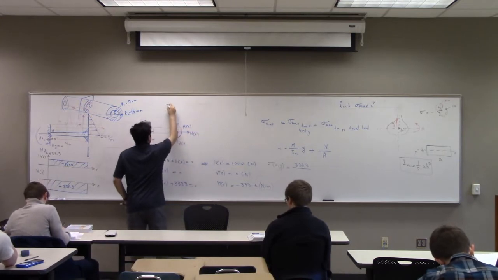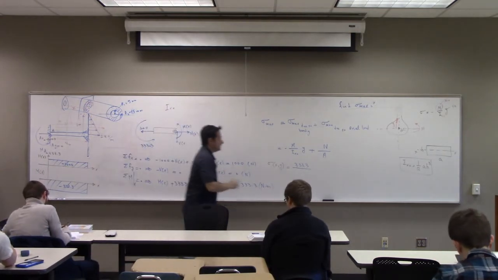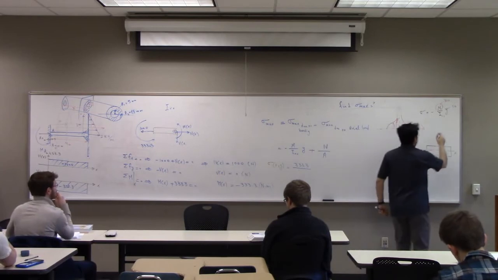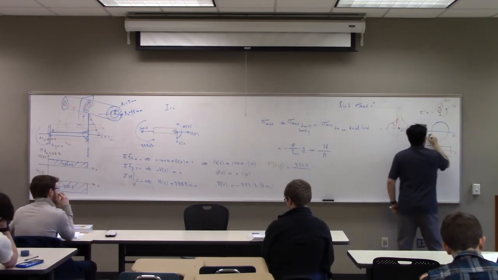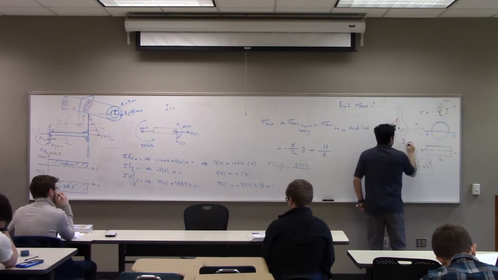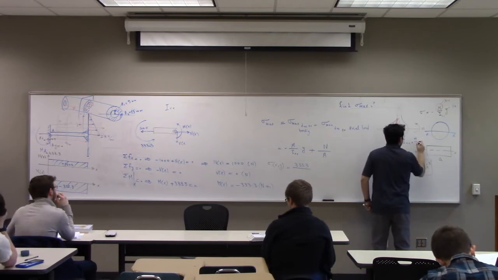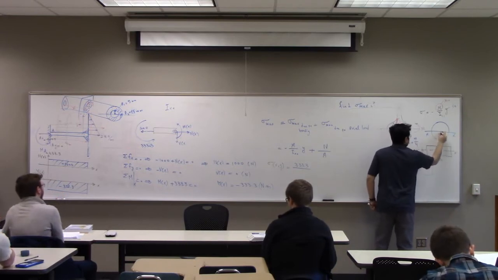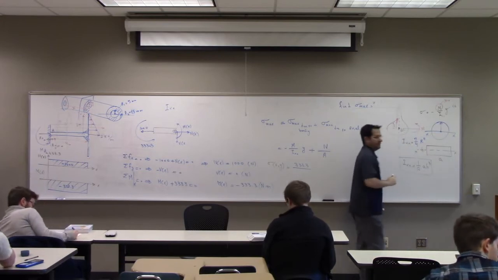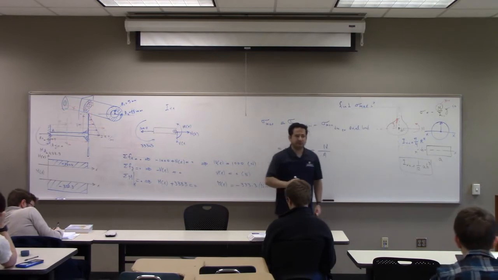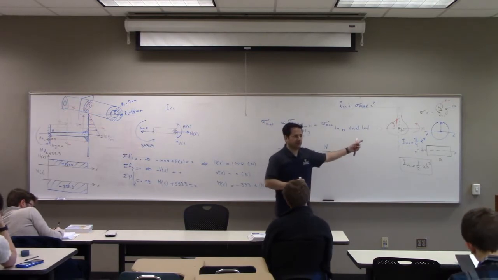I_xx is equal to, then you go to the table, you see if you have a circle, I_xx is equal to pi over 4 the radius to the fourth power. That's the equation you get from the appendix.